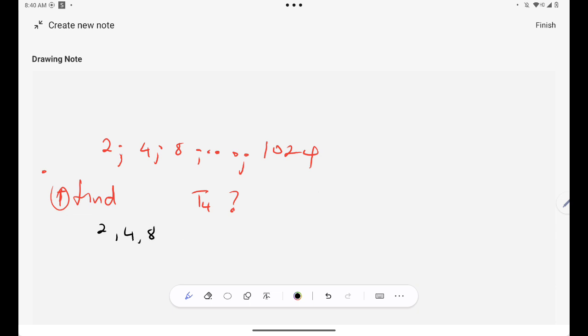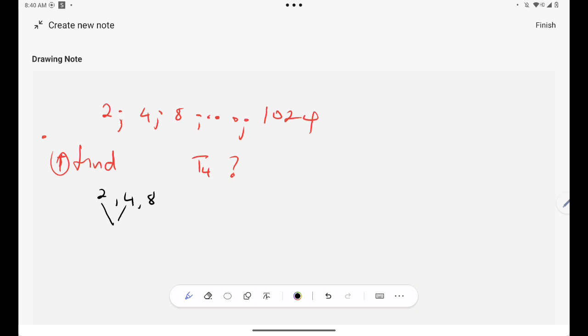It goes until 1024. I said to you, for a geometric sequence or an exponential sequence, we have a common ratio. How do we get a common ratio? We'll say T2 over T1, that will be 4 over 2, we'll get a 2. 8 over 4, we'll get a 2. That means our ratio is 2.